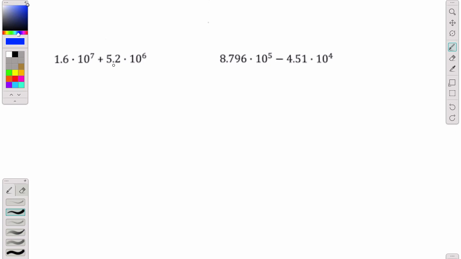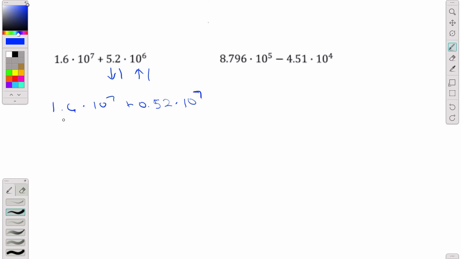If I move my decimal down one on the 5.2 times 10 to the 6th, I can adjust my exponent up 1. Then I'll have 1.6 times 10 to the 7th plus 0.52 times 10 to the 7th.